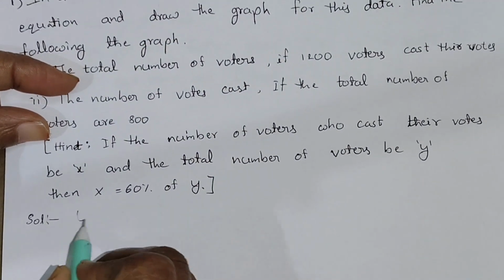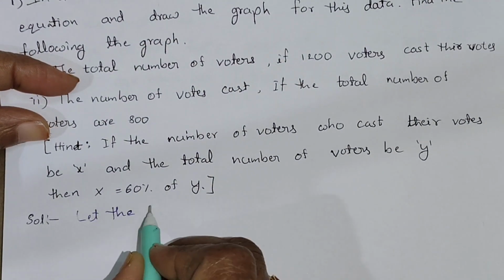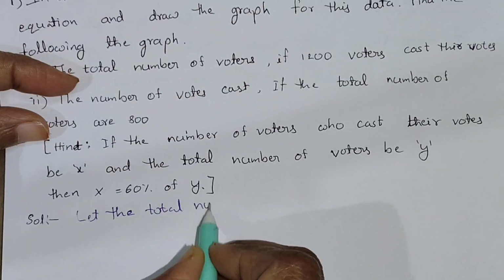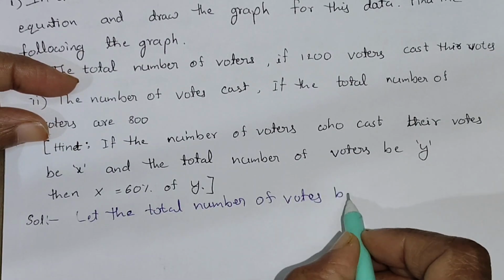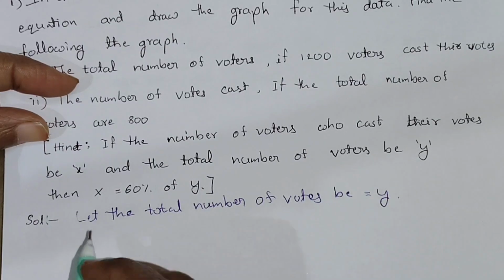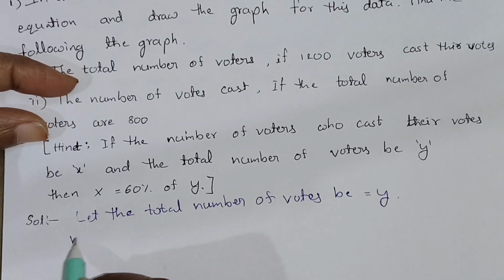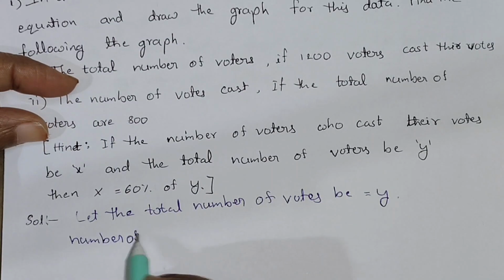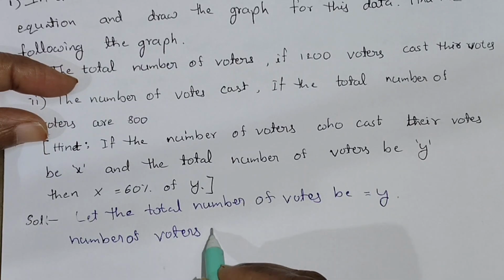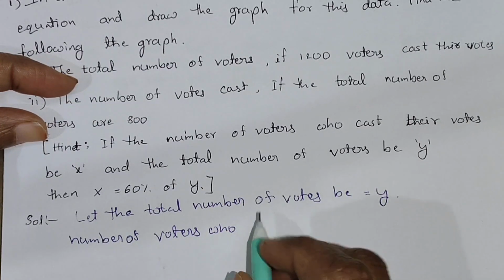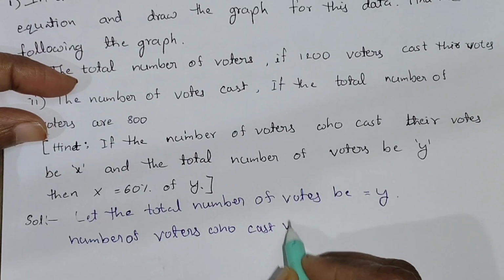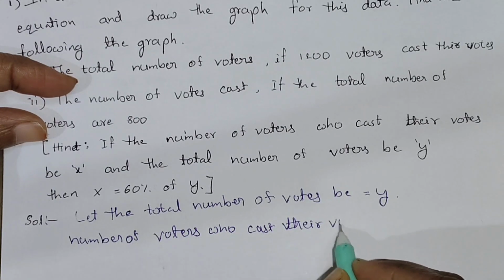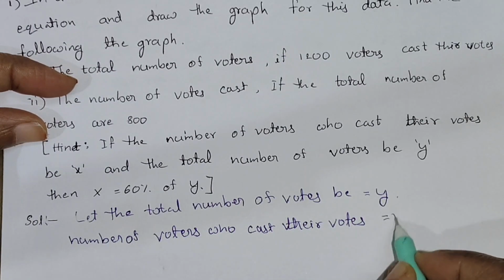So let the total number of votes be y, and the number of voters who cast the votes is equal to x.